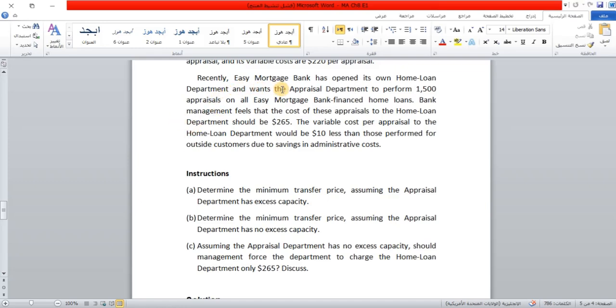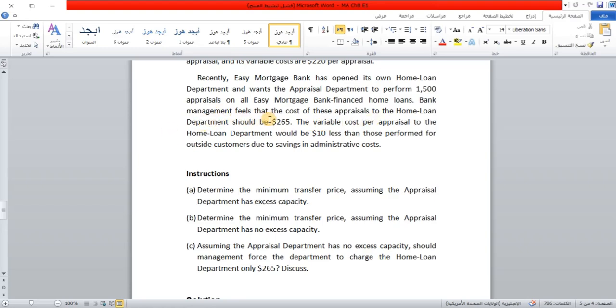Recently, Easy Mortgage Bank has opened its own home loan department and wants the appraisal department to perform 1,500 appraisals on all Easy Mortgage Bank financed home loans. Now we will discuss the transfer price for this service internally.